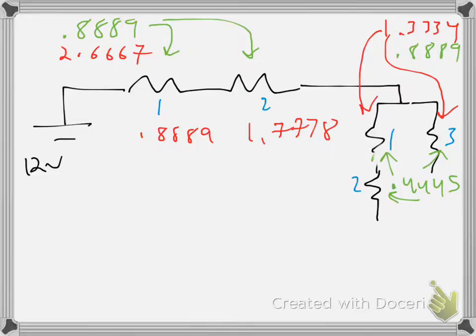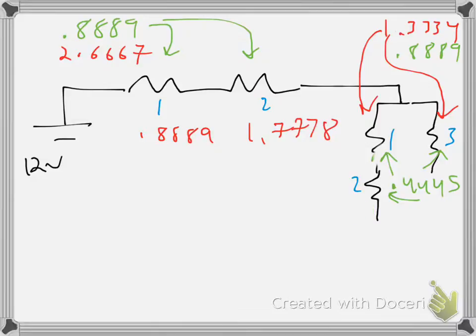And that confuses a lot of people because they're like, well, the 1, the 2, and the 3 don't add up to 0.4445. Well, or to 0.8889. Well, you're right, but these two paths do add up to 0.8889. The only reason this one is also included is because it's in series. So you've got to really remember those rules.